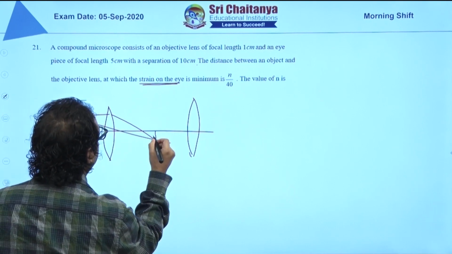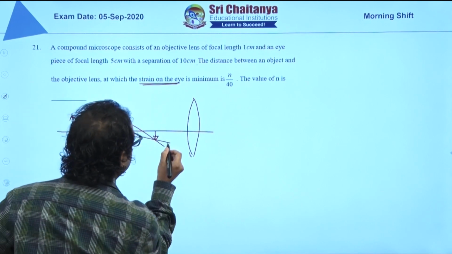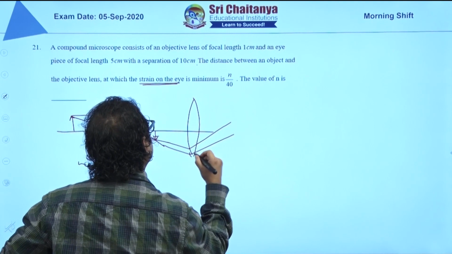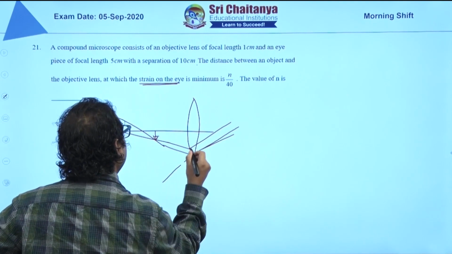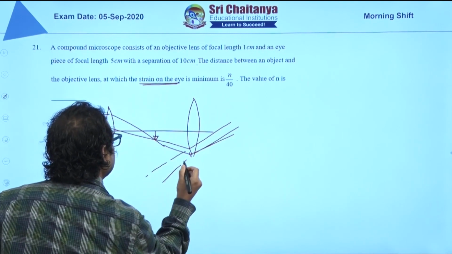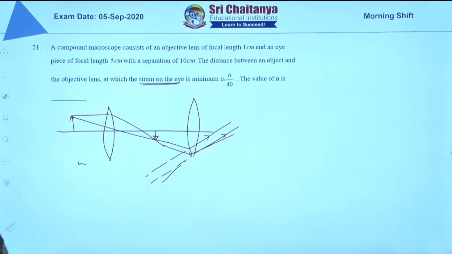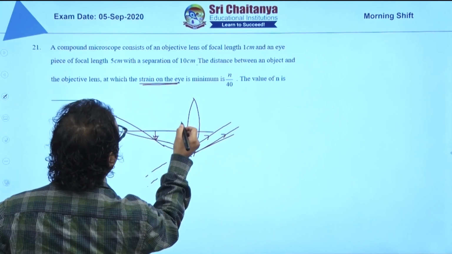Then afterwards, it has to go to infinity, so that the rays are going parallel, right. So, then this distance we can find.